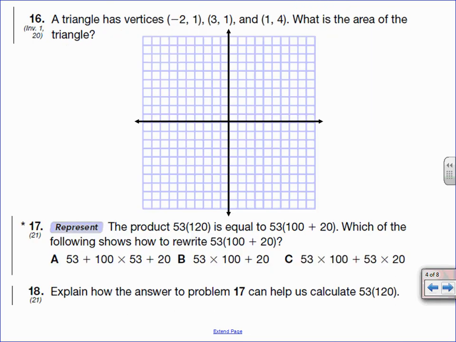A triangle has vertices (-2, 1), so to the left 2 and up 1, (3, 1), so to the right 3 and up 1, and (1, 4), so to the right 1 and up 4.